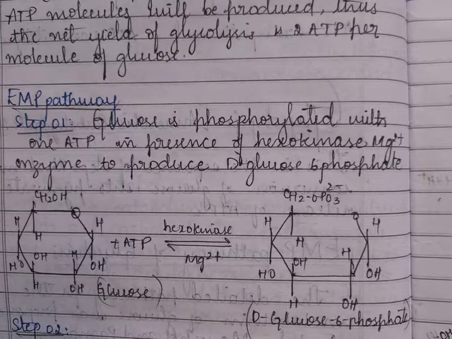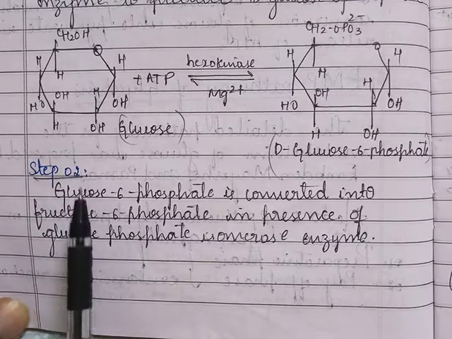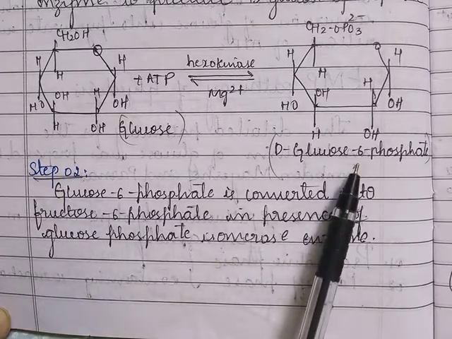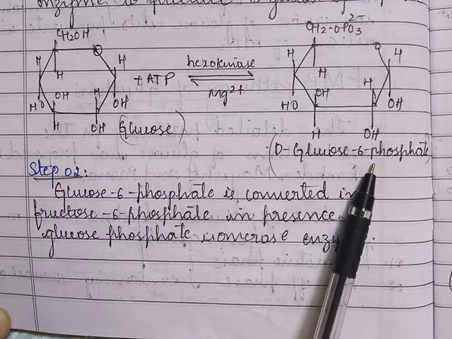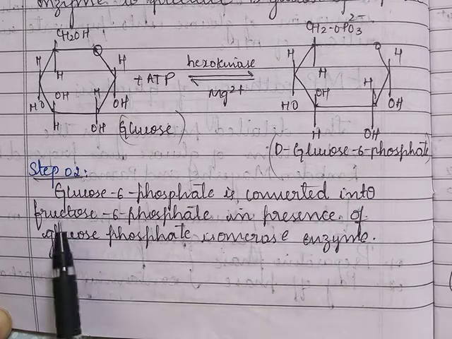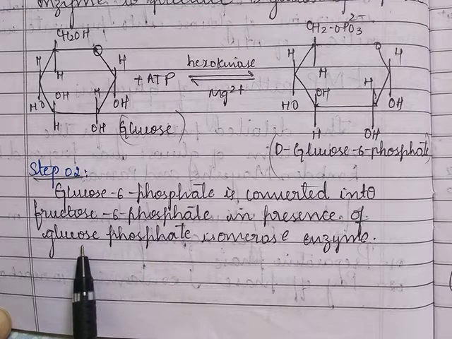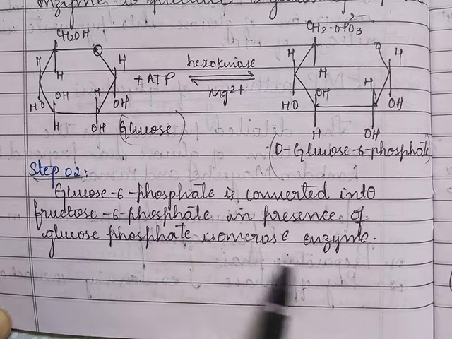Next, let us see step 2. Here the glucose 6-phosphate, which is formed in step 1, is converted into fructose 6-phosphate in the presence of the enzyme glucose phosphate isomerase.